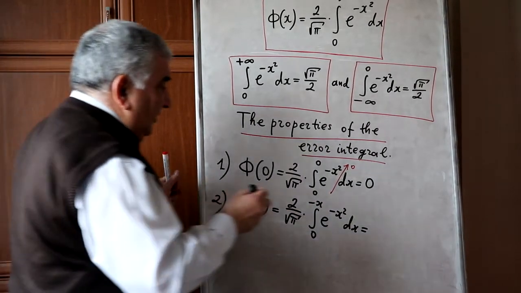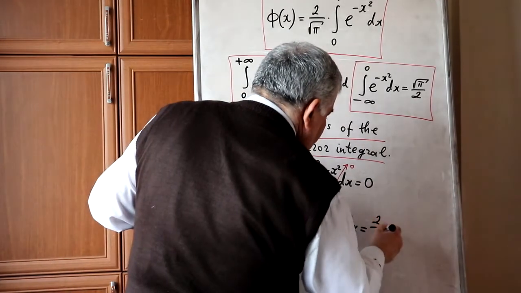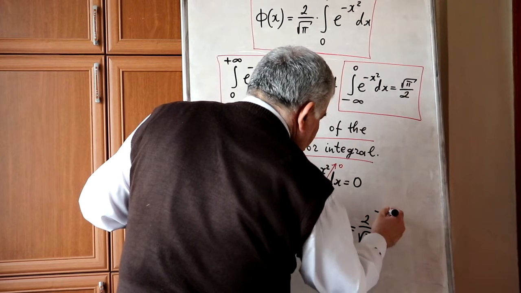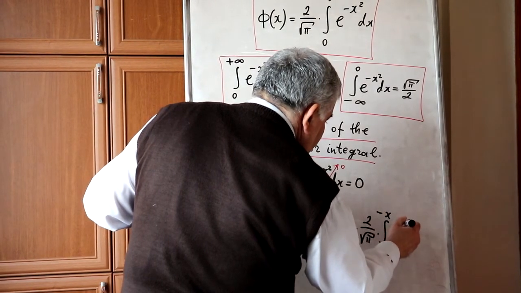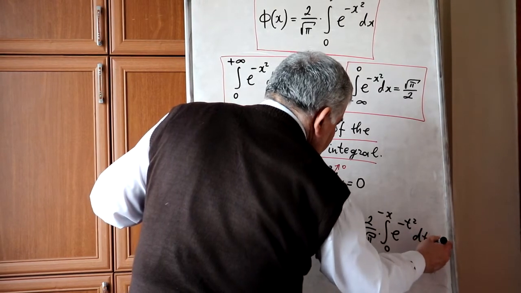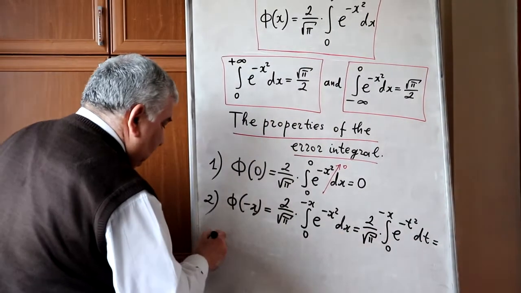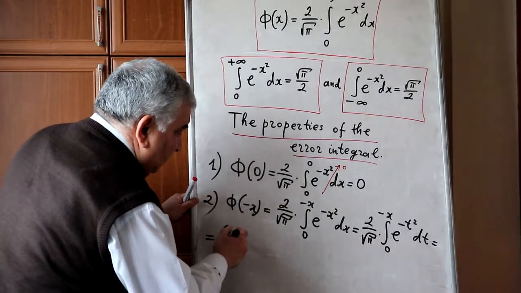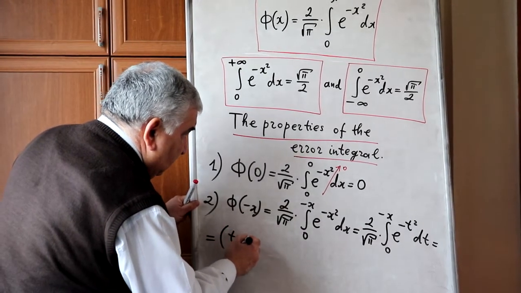For example, 2 over square root of pi multiplied by the integral from 0 to minus x of e raised to minus t squared dt. Then make the following change: t is minus z.